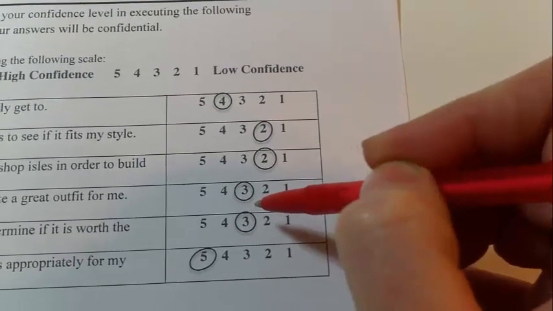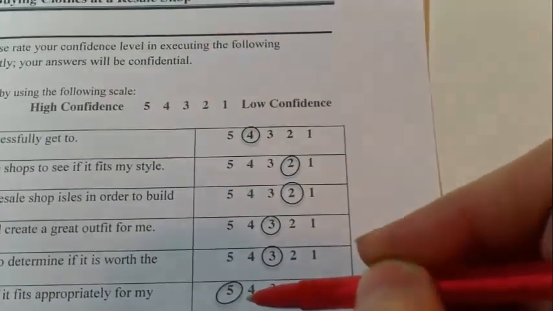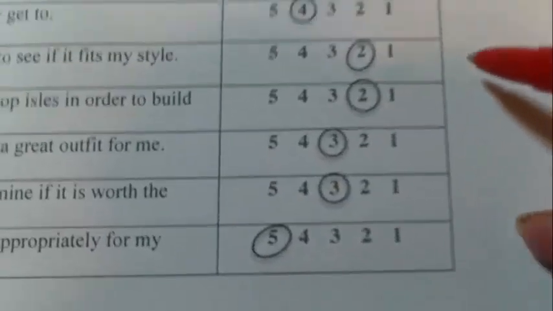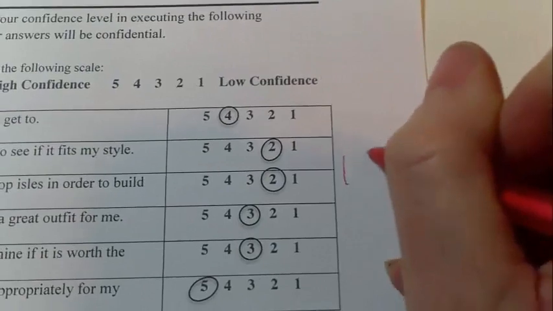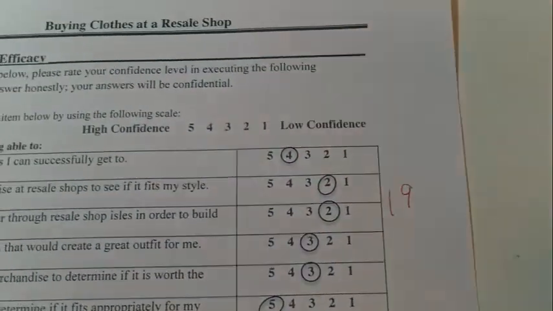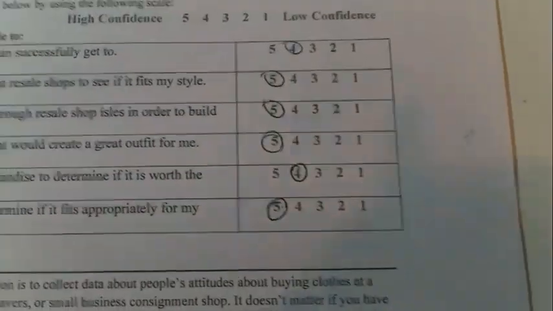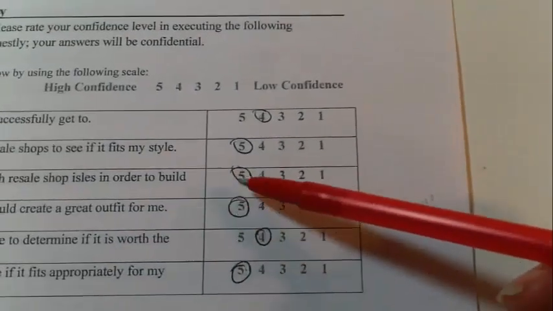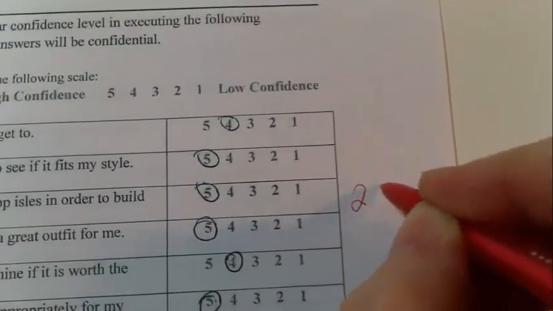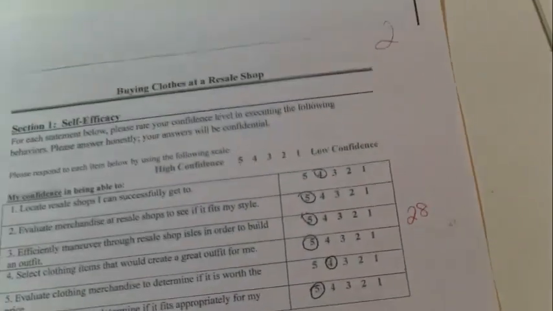So in my survey, I had 6 statements, and if you add up each of the 6 statements, you will see that I get a total. In this example, the total equals 19. So if you added up 5, 4, 3, 3, 2, and 2, that equals 19. And you're going to do that for each of your respondents for each self-efficacy item.